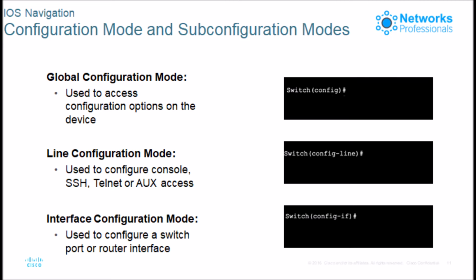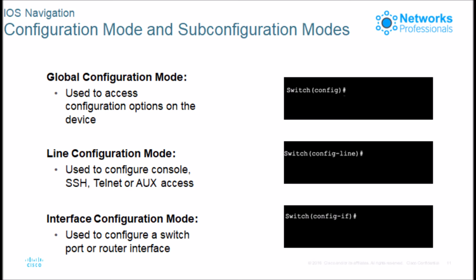Number two is interface configuration mode, used to configure a switch port or a router network interface for assigning an IP address, and also used to enable or disable an interface.